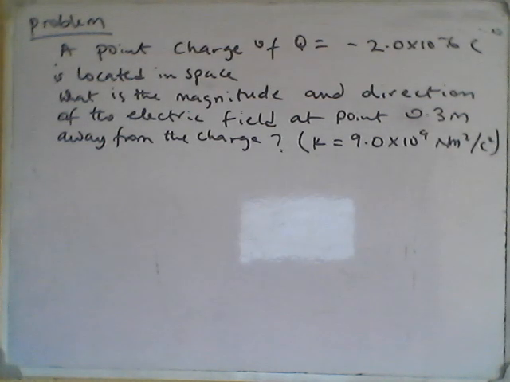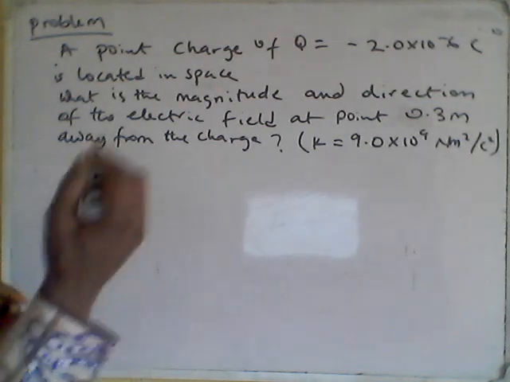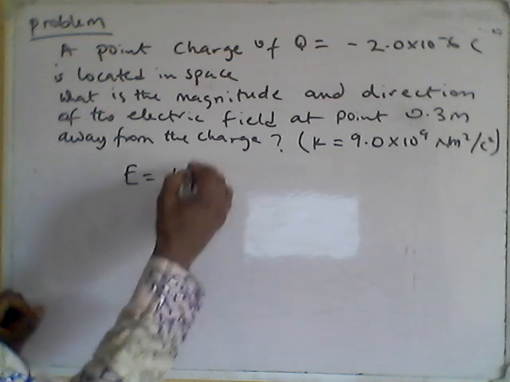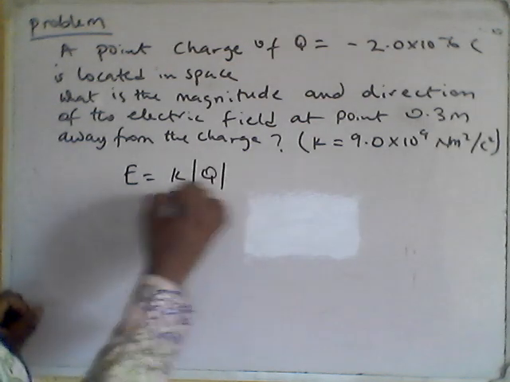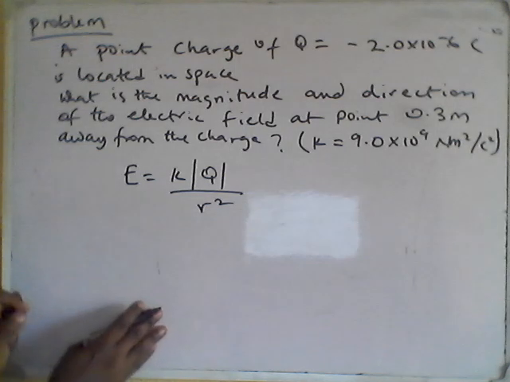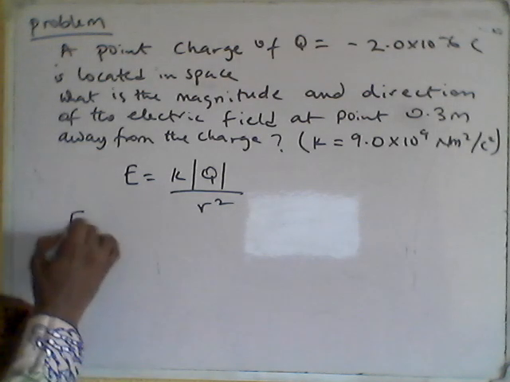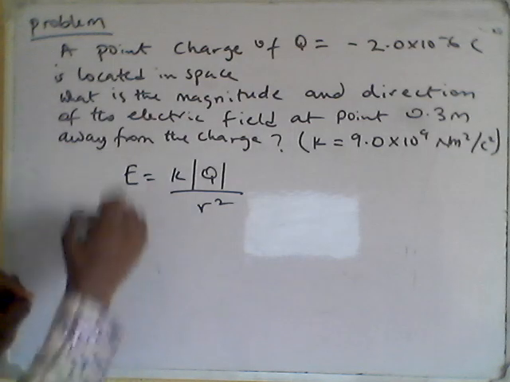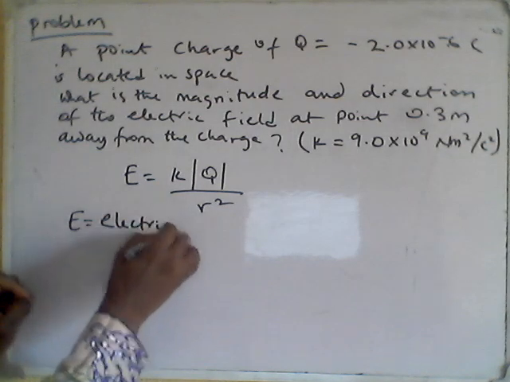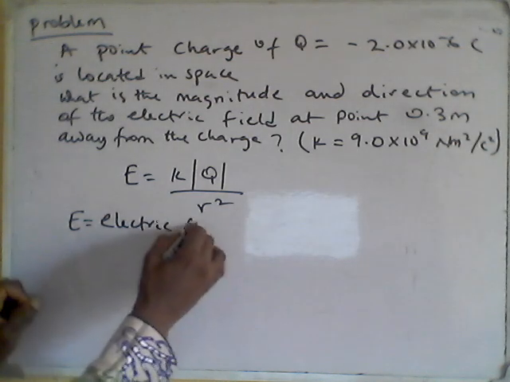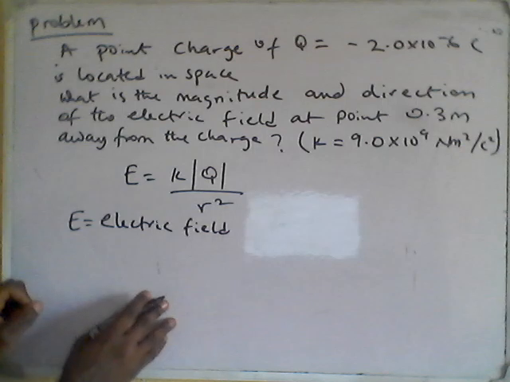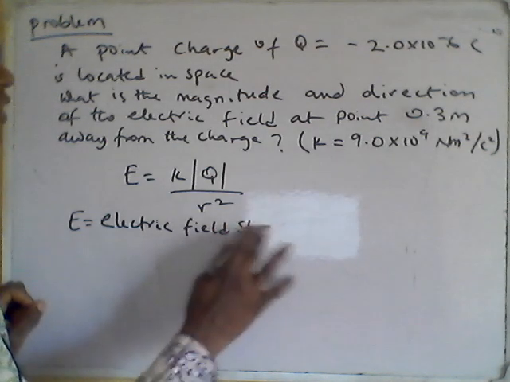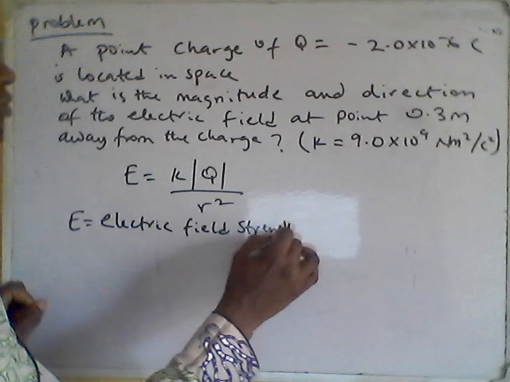So the electric field E due to a point charge is given like this: E equals K Q all over R squared, where K is a constant. E is the electric field. Remember we derived this in the previous video. You can call it field strength, or intensity, electric field strength.